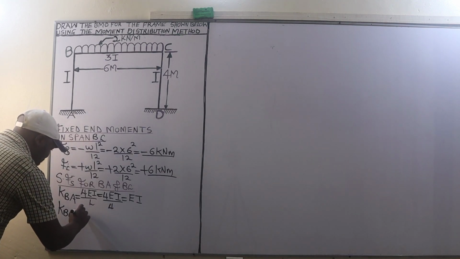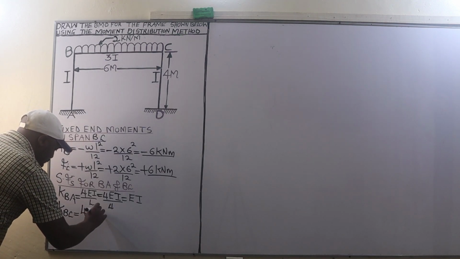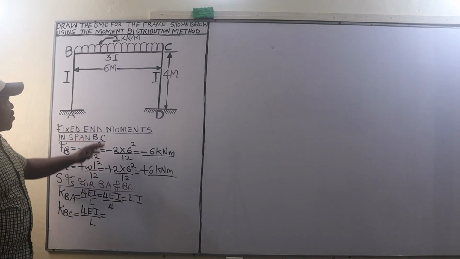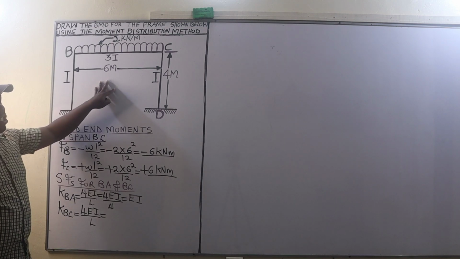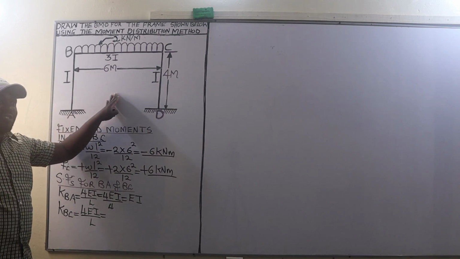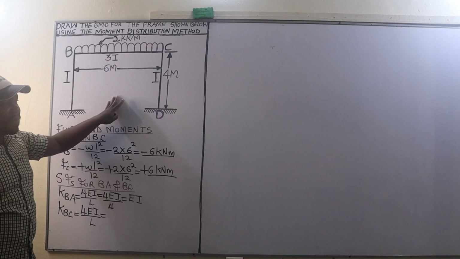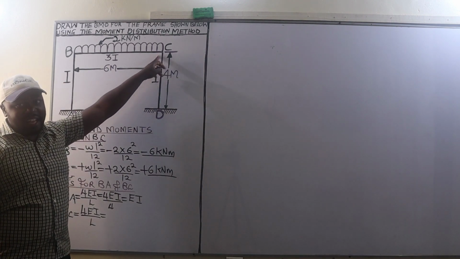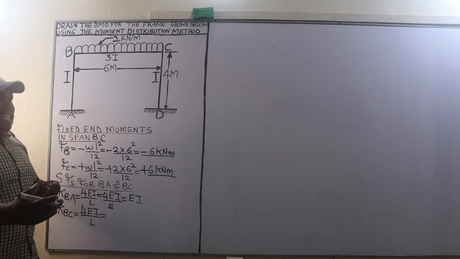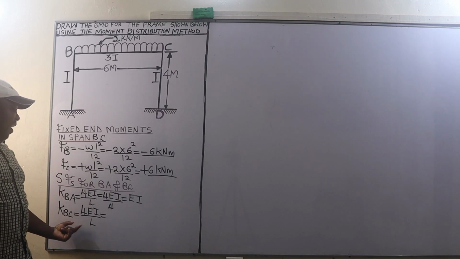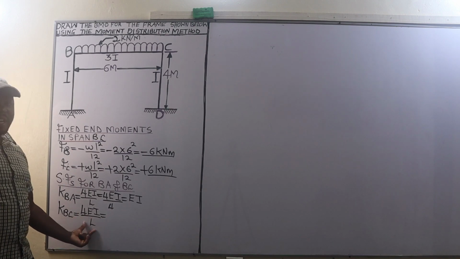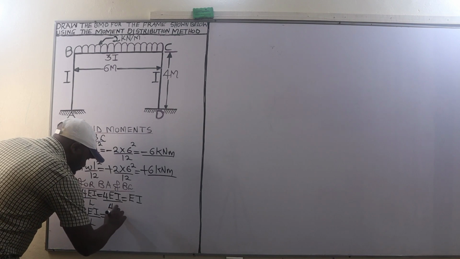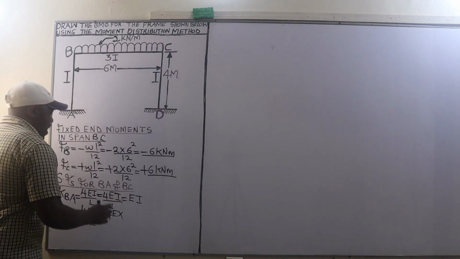The stiffness factor will be given by 4EI divided by the span L. The reason being, when we treat this portal frame as a continuous 3-span beam, the continuous beam will be continuous at C. And therefore, when we have a continuous section, the stiffness factor is given by this formula, 4EI divided by L. And this will be given by 4E multiplied by I, which is 3I.